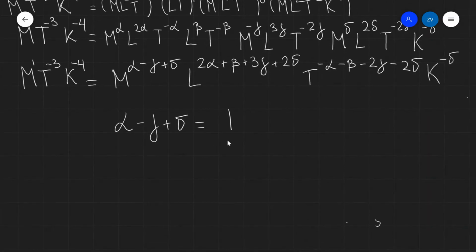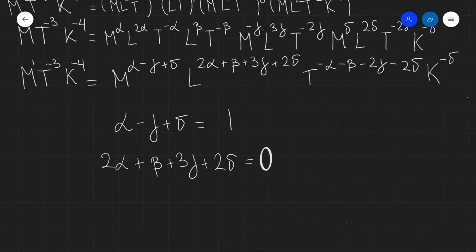The factor for L, as we've noted before, is going to have to equal 0 because there's no L on the left hand side. So 2 alpha plus beta plus 3 gamma plus 2 sigma is going to equal 0.